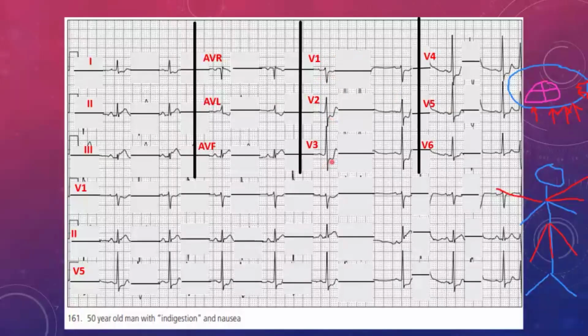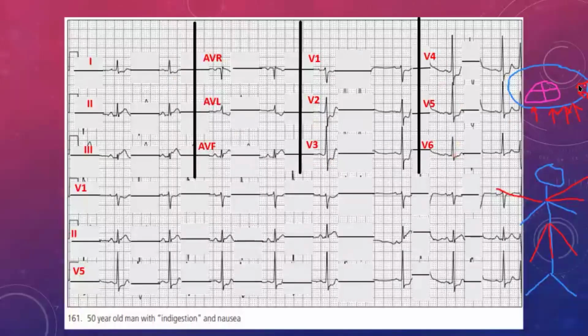And then we see further that if we go to V3 and V4, we see again anterior wall ST depressions. So this also fits in with being opposite to our inferior leads. So it's backing up our claim of an inferior infarct. And then if we look at V5 and V6, we can also see ST depressions.